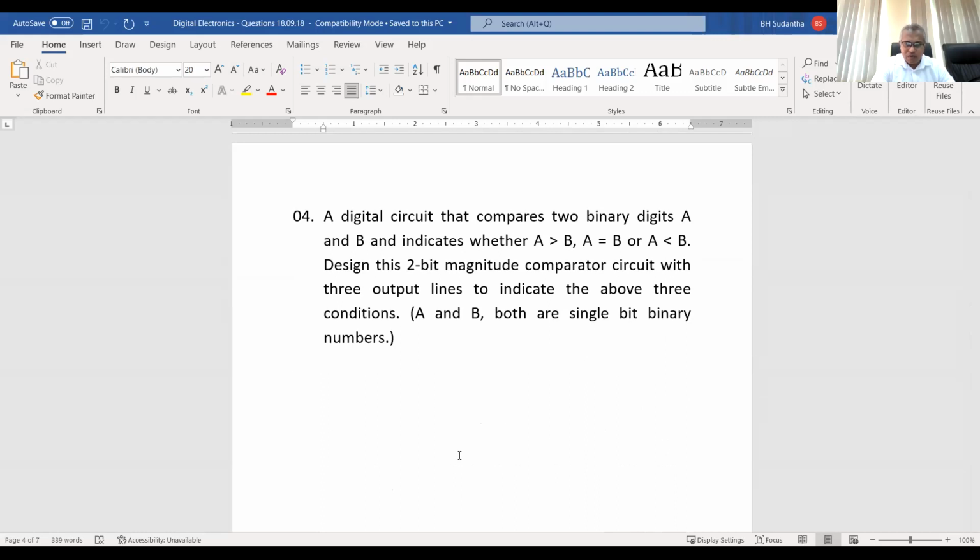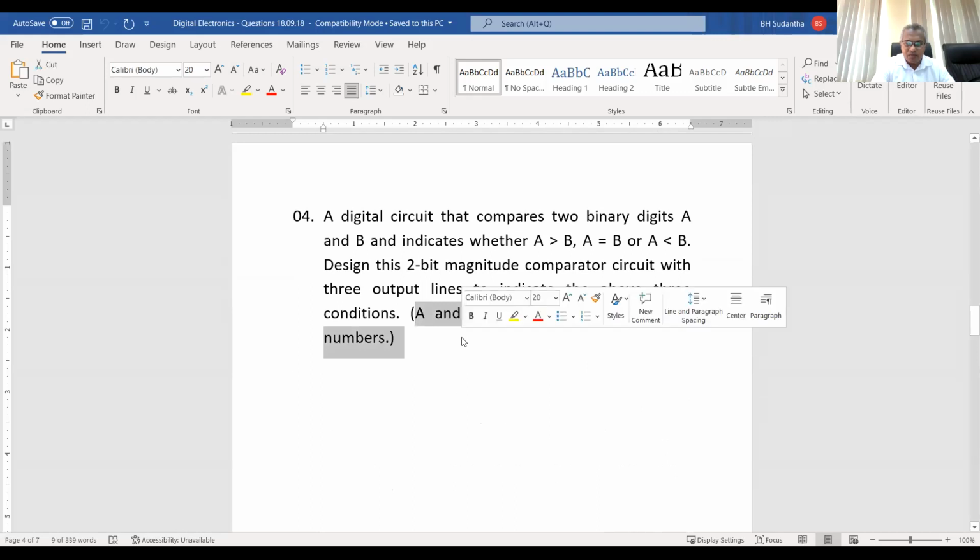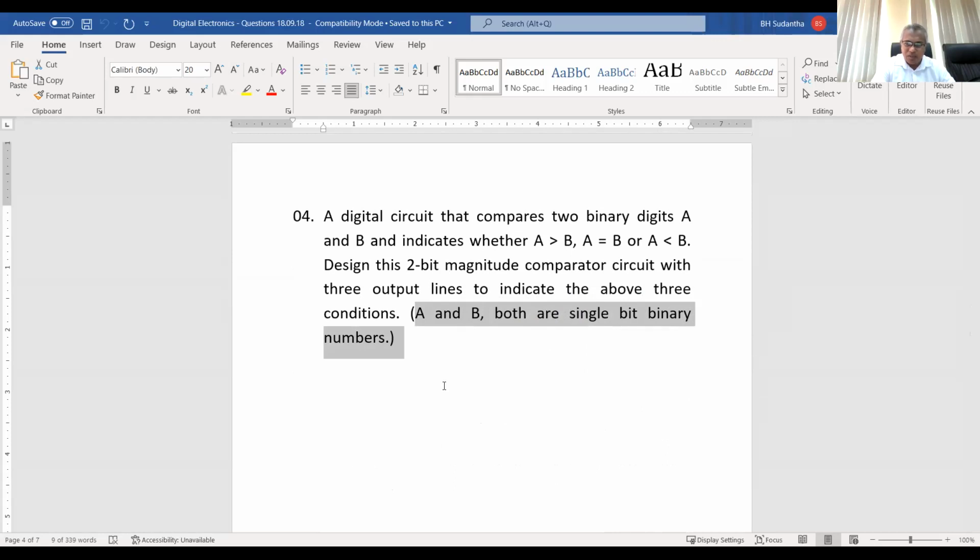To understand the question, this circuit receives 2 binary inputs, A and B, and you can see that both A and B are single bit binary numbers. The meaning is A is a single line, B is a single line, because they are single bit binary numbers. And we are giving these numbers to the circuit.